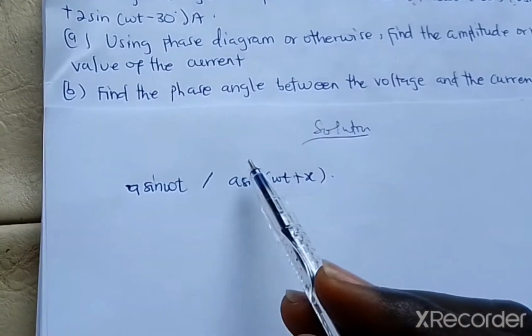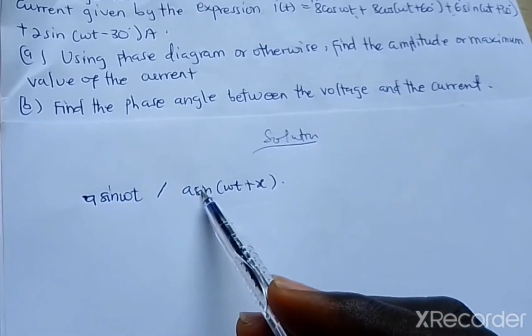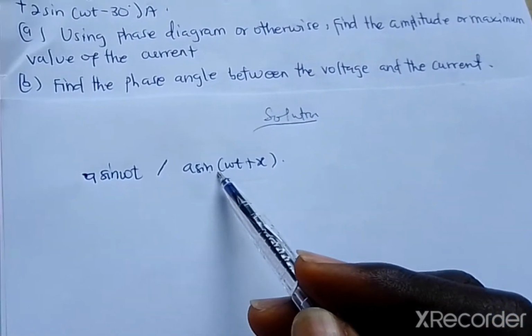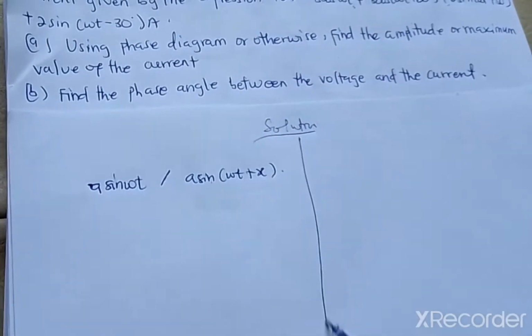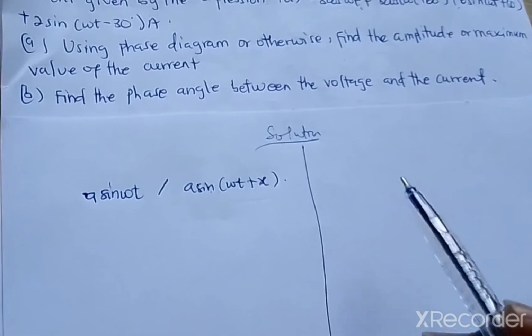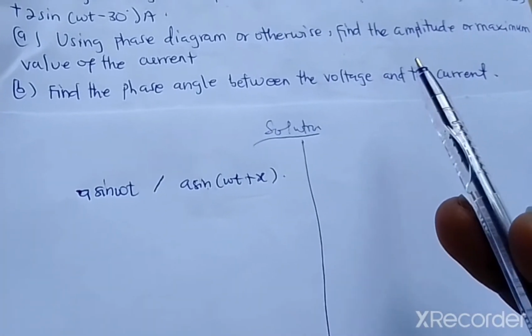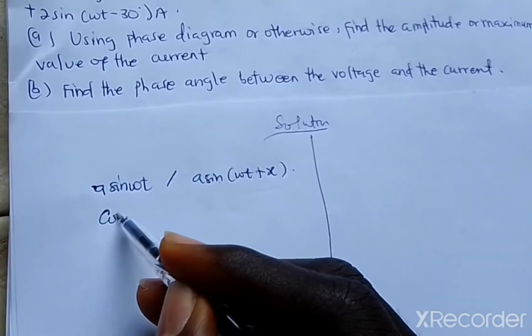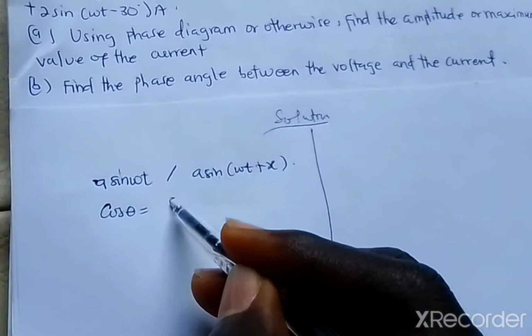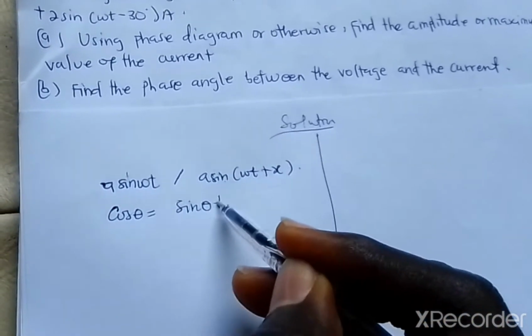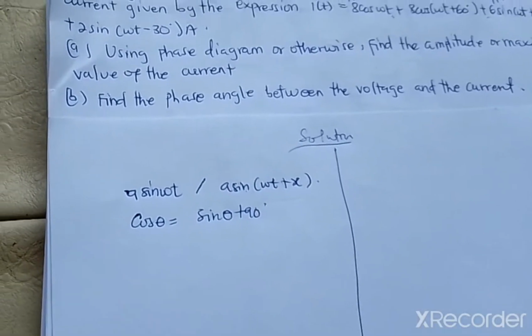So it should always be sine. That is the standard waveform expression. From here, all the cos will be changed to sine, and we know that cos θ is equal to sin(θ + 90°).